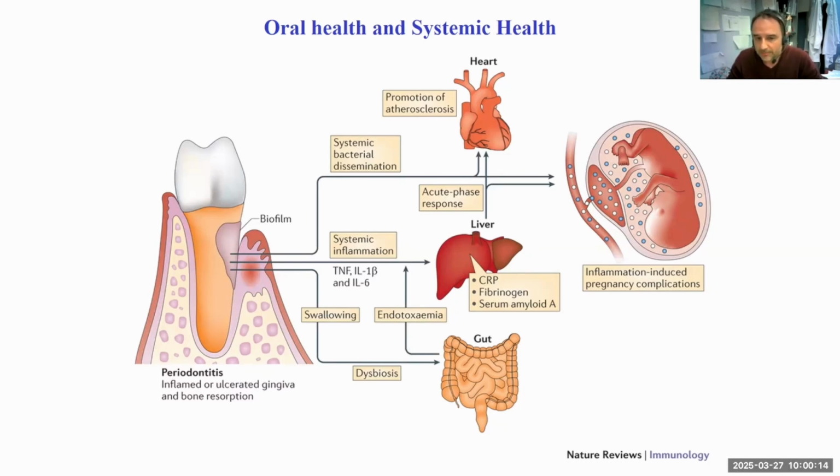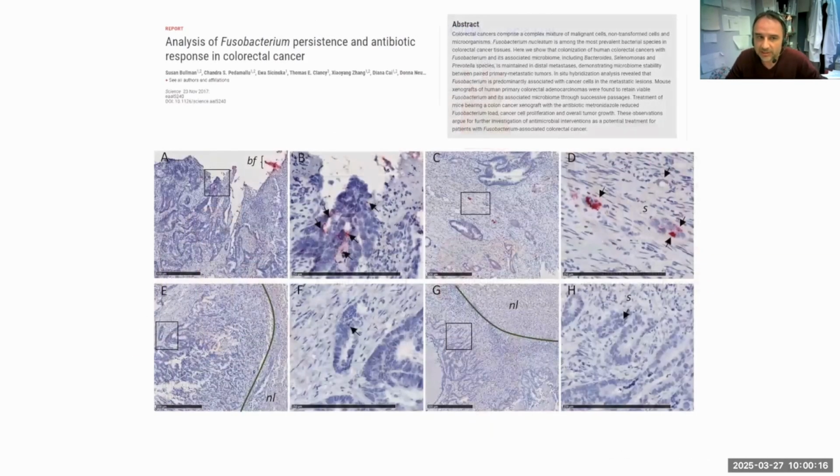This is what we knew, but in the last years we have actually learned that some Fusobacterium, an oral bacteria, can translocate from the oral cavity to the gut, and when they go there, they can be involved in colorectal cancer. This is an example of a mouse model of colon cancer that was treated with antibiotics.